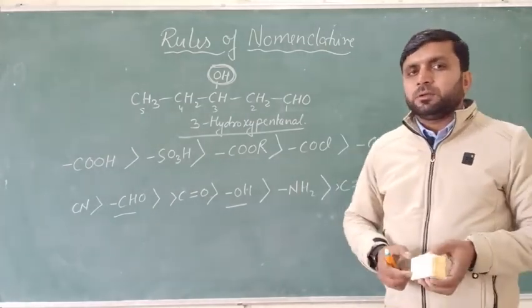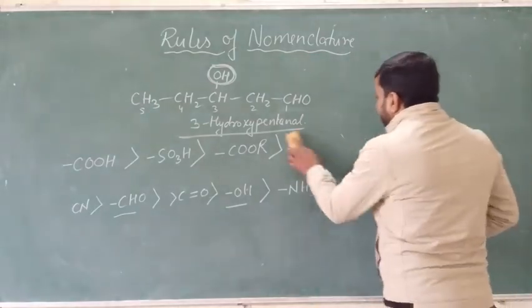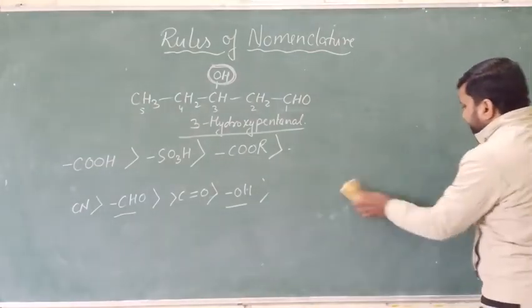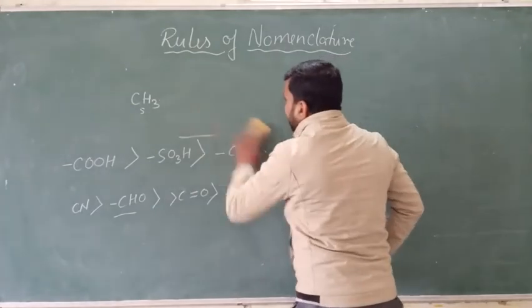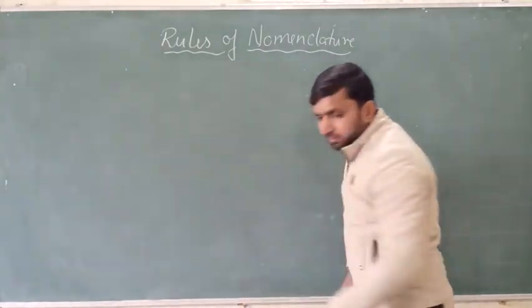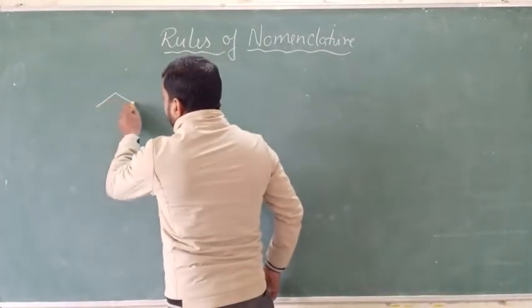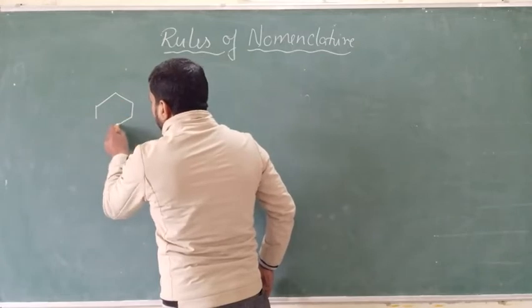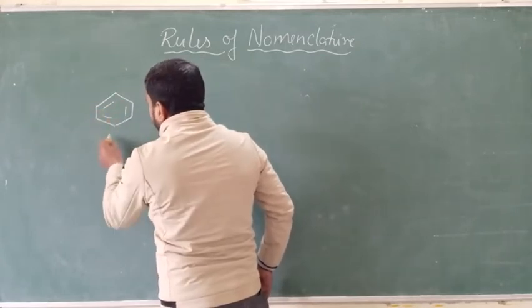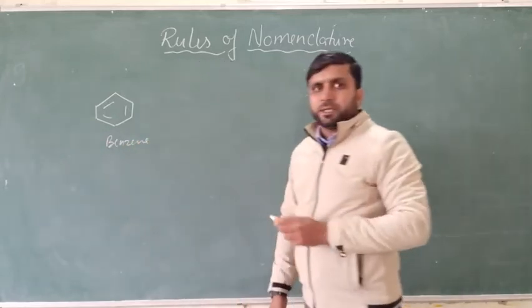So the last rule for nomenclature is the nomenclature of benzene or substituted benzene. Dear students, remember that benzene itself is the IUPAC name as well as the common name.